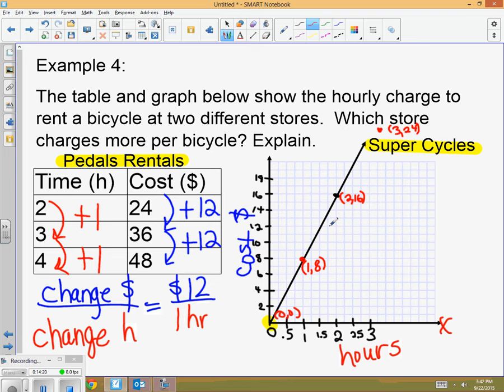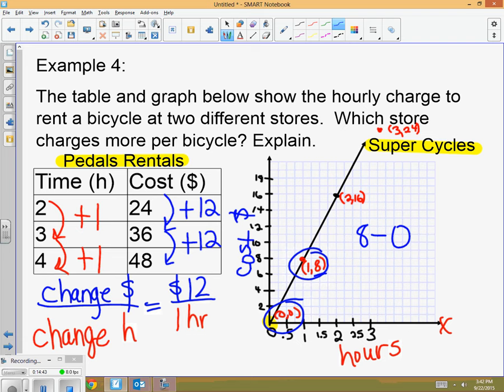So once you have labeled those points, you can look at the change in dollars compared to the change in time. So I'm going to pick just the first 2 points. I'm going to pick 1, 8 and 0, 0. I choose the origin because it is the easiest number to work with. The change in cost is 8 minus 0.